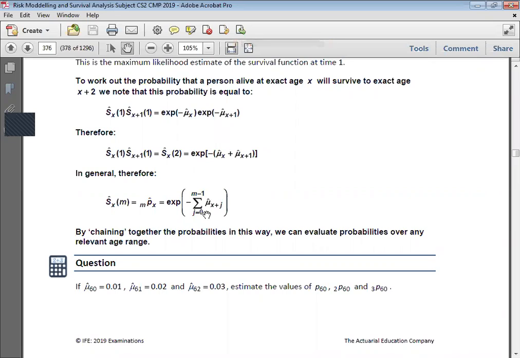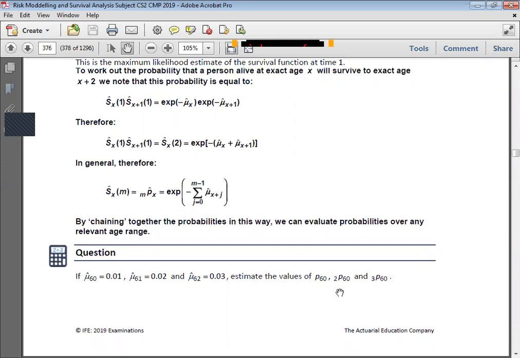So again, remember here, because we are starting from 0, you get an m minus 1 here. So that in all, you only have m number of terms in the power for the e guy here. And I think this is a very good example. So let us just try to do this.